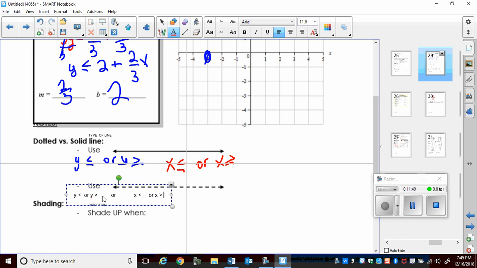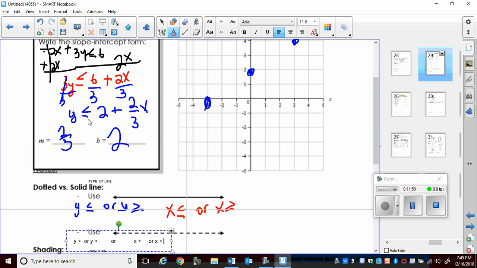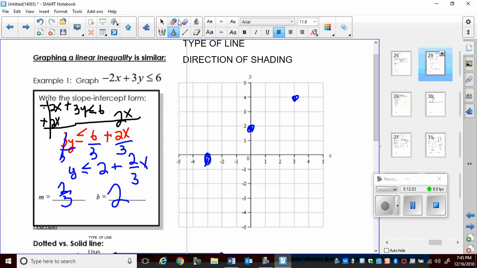We're going to plot a dashed line. It's dotted or dashed, whichever one you want. But let's go back and look at our inequality. Our inequality is less than or equal to. So this is a solid line. So I'm going to go ahead and graph my solid line.